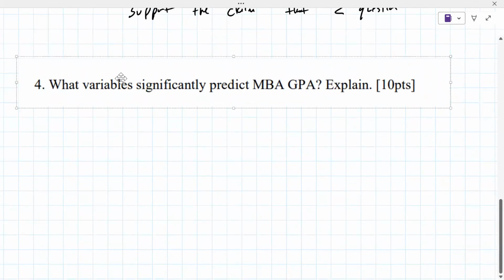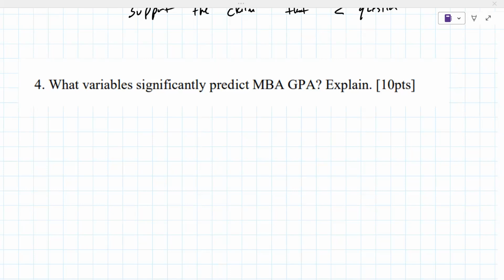All right. What variables significantly predict MBA VPA? So we looked at this table earlier, table 2.